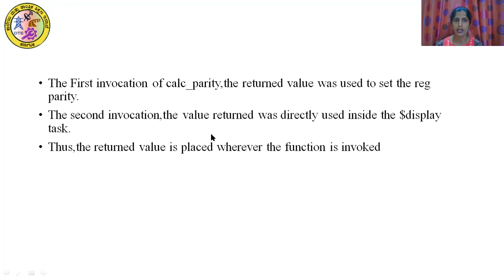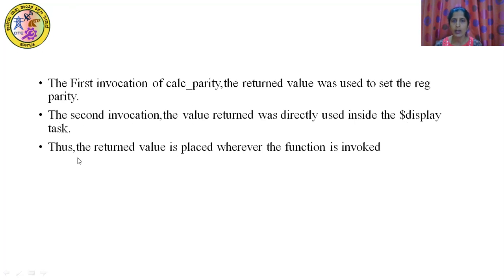Moving further, in the first invocation of calculate_parity, the returned value was used to set the register, that is parity. And in the second invocation, the value returned was directly used inside the $display task.